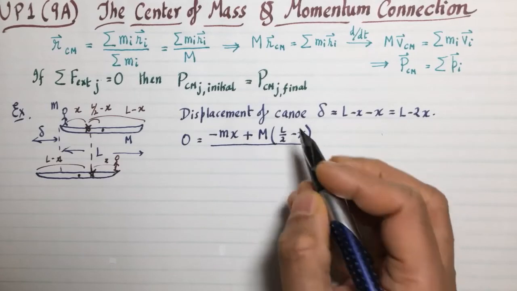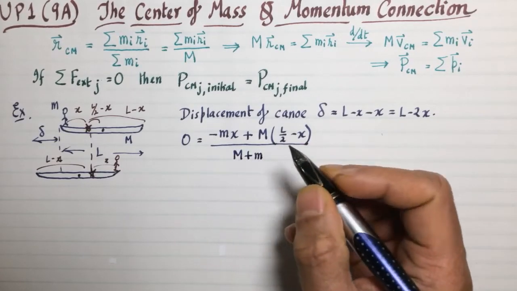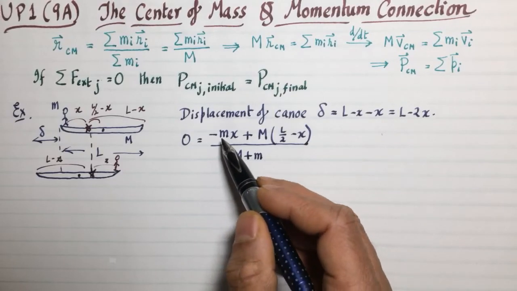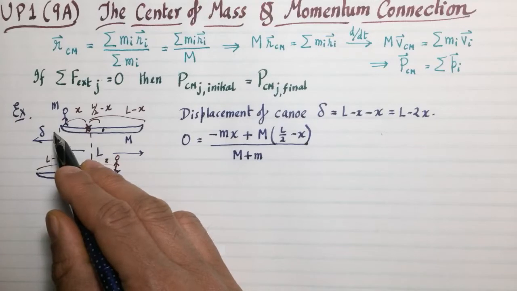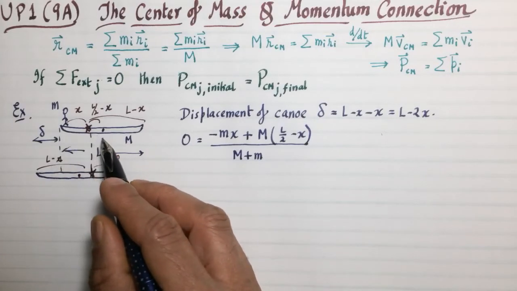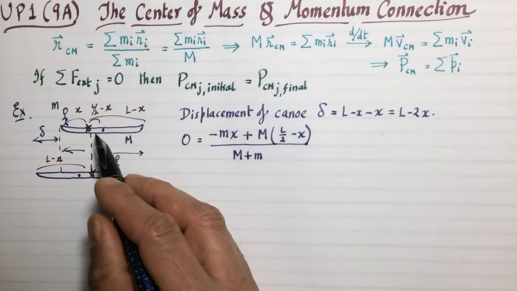So that's the definition of the center of mass I'm using for the x direction. The reason for this is that the person is located at negative x. If the origin is at the point star, then the person's location is negative x, and the boat's center of mass is located to the right at L over 2 minus x.